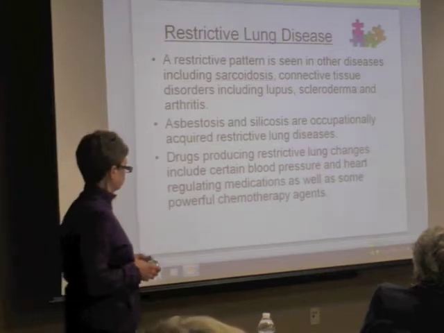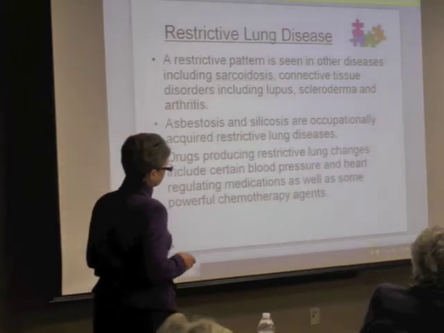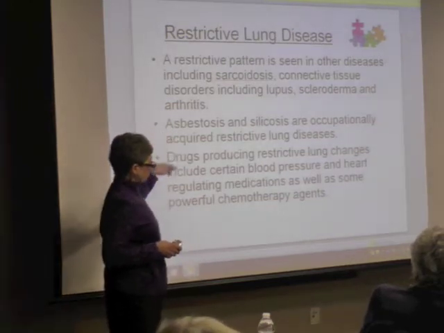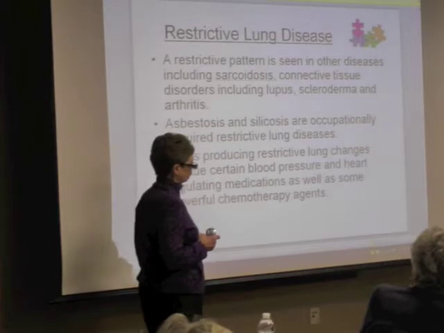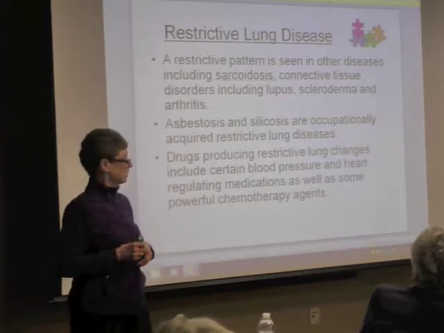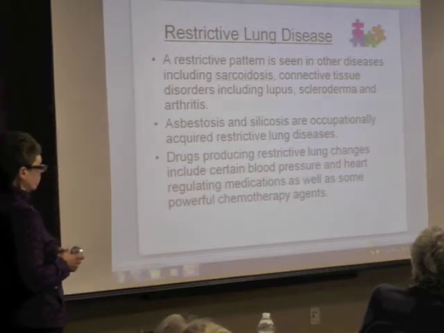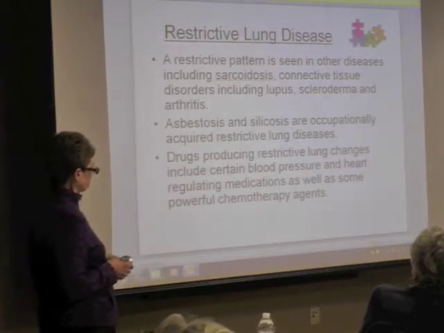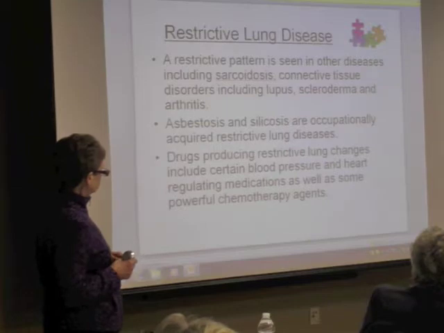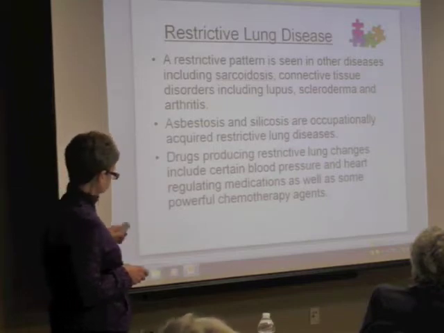That's how most people describe that. Asbestosis, exposure to asbestos, and silicosis, which are sand particles that you see in sandblasters. Asbestos you see a lot in people who are pipe fitters, especially people who worked in the shipbuilding industry.